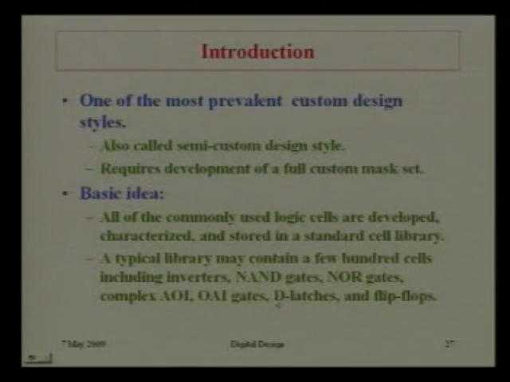It is one of the most prevalent custom design styles, also called semi-custom design style, and requires development of a full custom mask set. The basic idea is that all of the commonly used logic cells are developed, characterized and stored in a standard cell library.